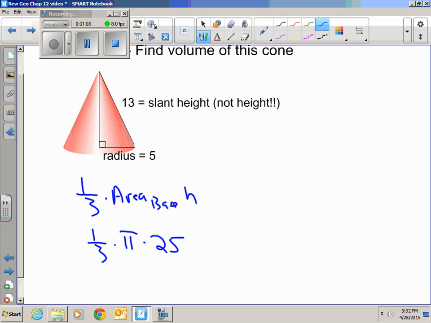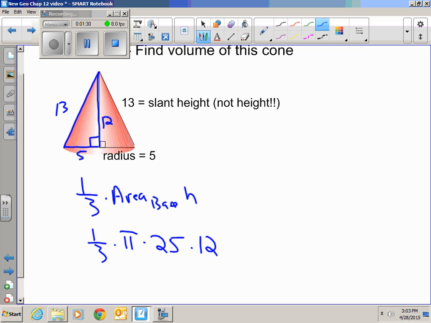And then our height: the height of our cone is not 13 because the slant height is 13, which means we have a base of our triangle there of 5, so I have a 5, 12, 13. The altitude of my cone is 12, so that's my height.